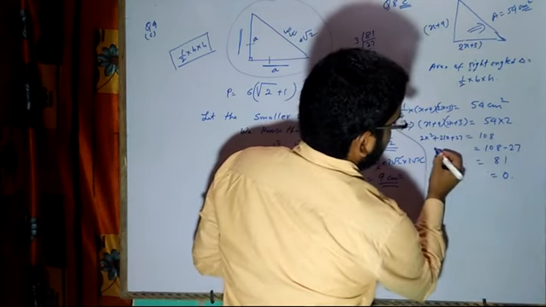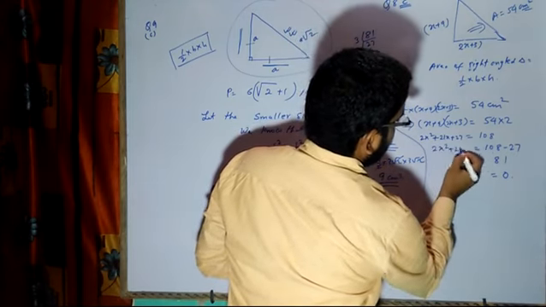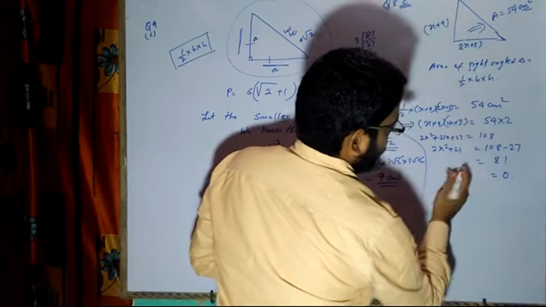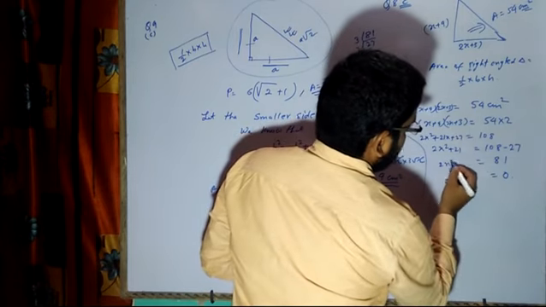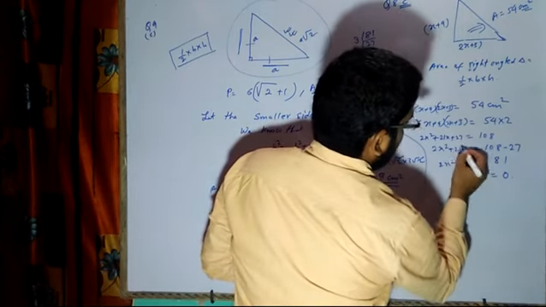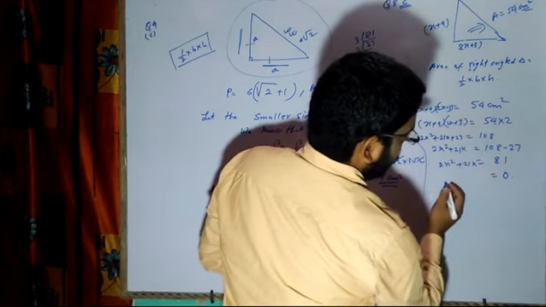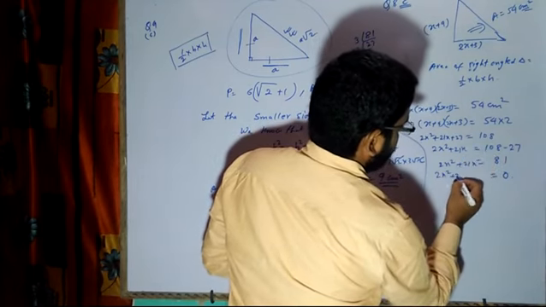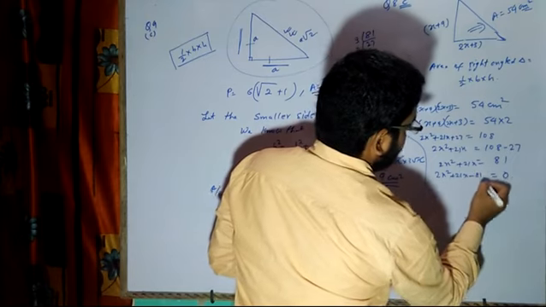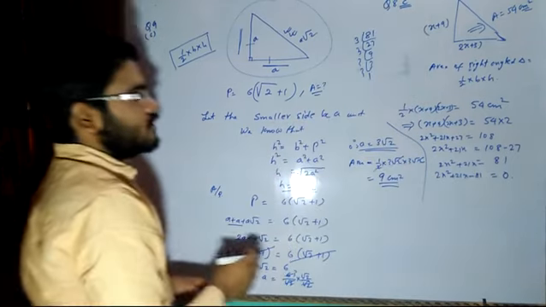So I will be getting 2x square plus 21x, and then 27 will go to that side, so it will become 2x square plus 21x minus 81 equal to 0. 81 into 2 is 162.